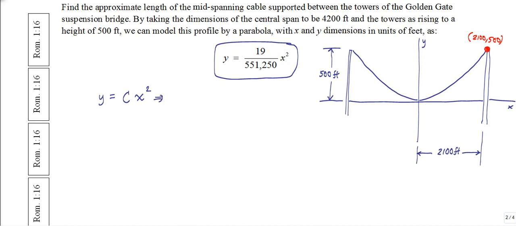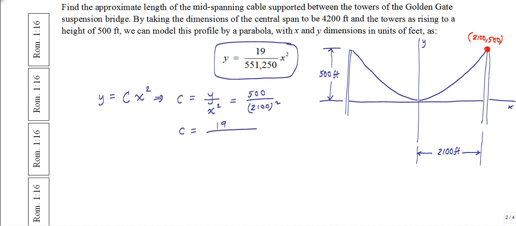We want to know what the constant c is, and it's equal to y over x squared. So y happens to be 500 and x is 2,100, and we're squaring that. With a little reducing, you'll find that c comes out to what I have in that box.